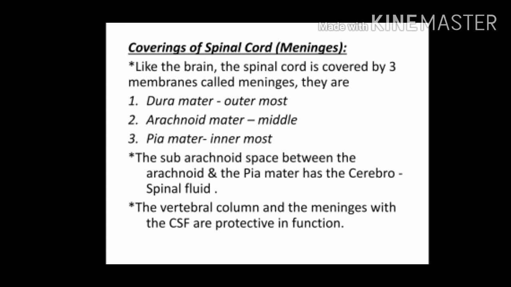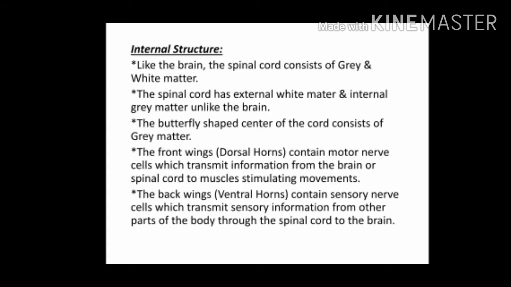So these are the 3 membranes which cover the spinal cord inside the spine. The subarachnoid space between the arachnoid and the pia mater has the cerebrospinal fluid. The vertebral column and the meninges with cerebrospinal fluid are protective in function.